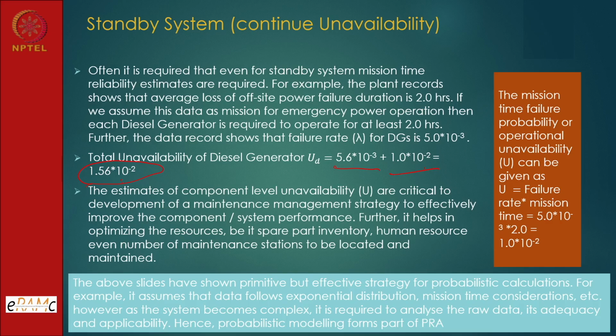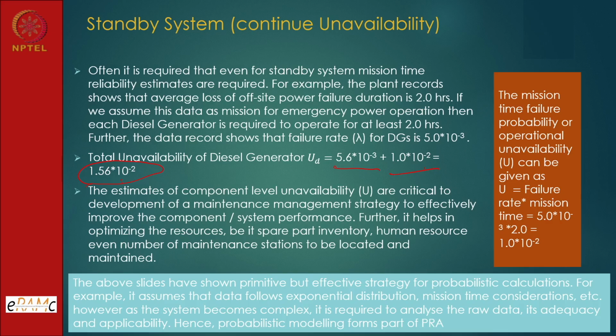So that means in short, you got to know how the probability estimates are developed for a continuously operating system, that is a process system, and for a standby system, and these two are very vital things. The above slides also showed the primitive and effective strategy.